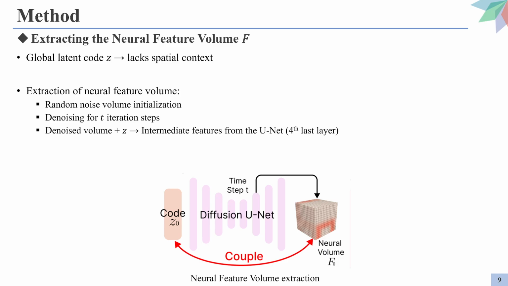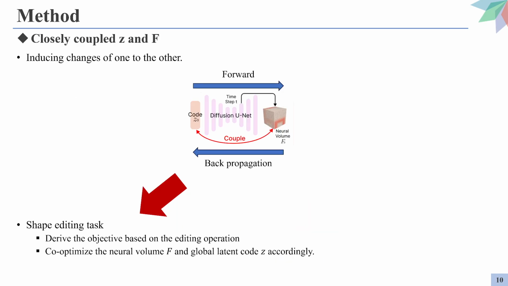Then the volume is denoised using the pre-trained UNet architecture for T time steps. And the denoised volume, along with the global latent code Z, is fed into the UNet as the final step. Specifically, in the final step, the feature volume from the fourth-last layer of the UNet is taken as the neural feature volume. The reasons for this will be further discussed in the experiments section.